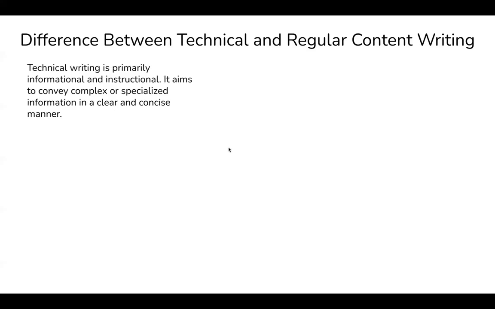So along the way, we'll be looking at the differences and primary goals of technical writing and how it differs. There are a lot of differences, so we're talking about those things today. The first one is purpose. Technical writing is primarily informational and instructional.